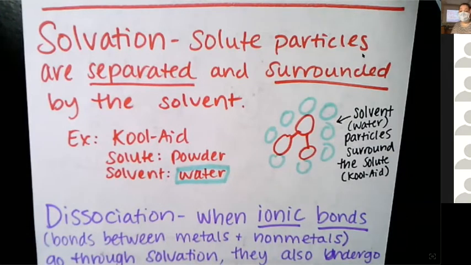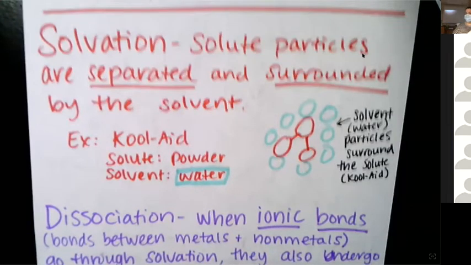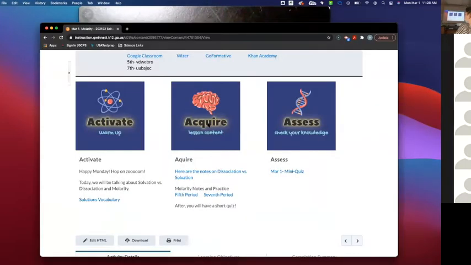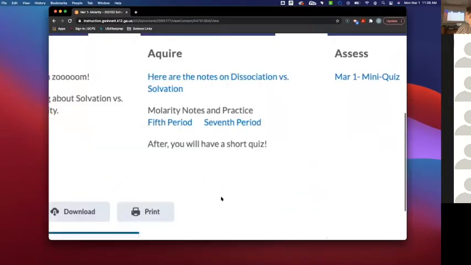So here's what I need you guys to do. On eClass, under the second column, it says molarity. Let me just show you. Under the second column, molarity notes and practice, right here. Go ahead and open up that document for me, please. It's a Google slide.